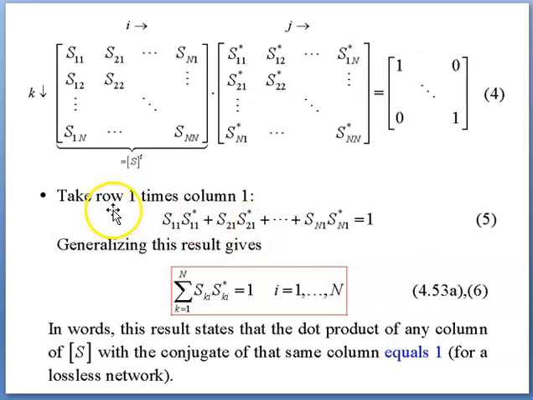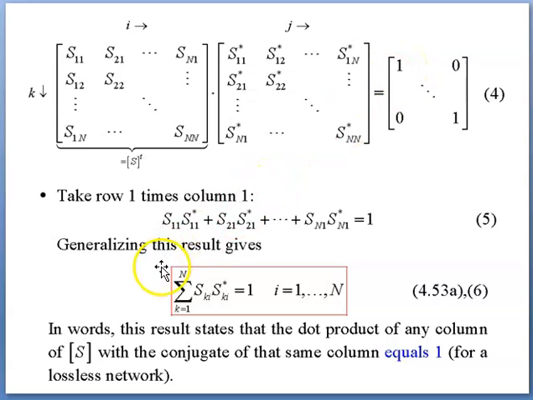So if you take row 1 times column 1, that will give you S11 times S11 conjugate plus S21 times S21 conjugate up until SN1 times SN1 conjugate. That will give you 1.